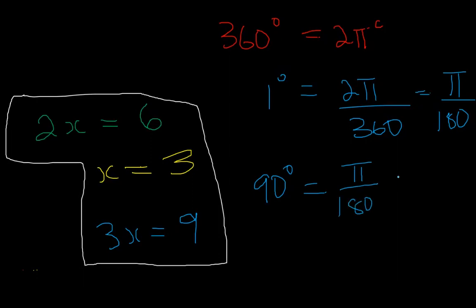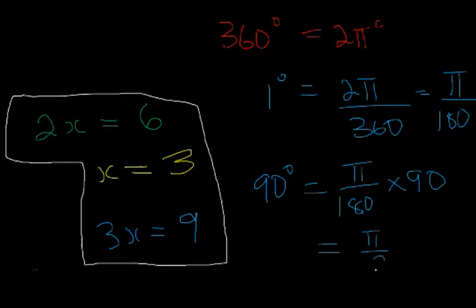Good job. Pi on 2 radians. So you see for radians, most times you leave it in terms of pi. Well, for now we leave it in terms of pi, right? So your answer, if this was a past paper question, 90 degrees is equal to pi on 2 radians. Everybody good so far? Yes, miss.